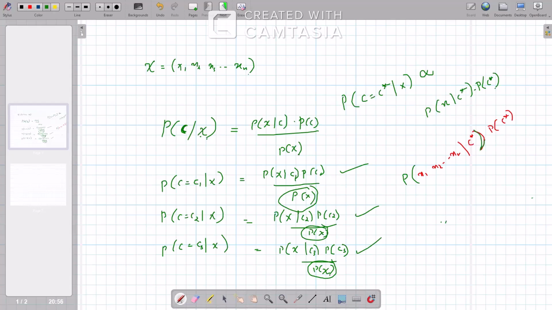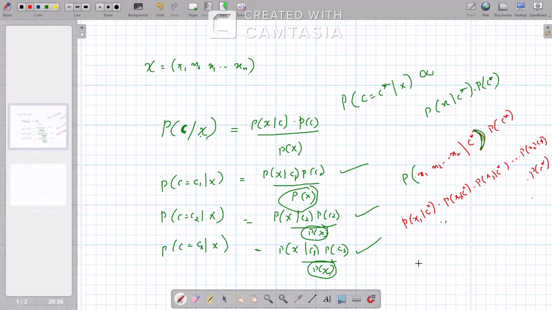Since these are independent, this particular probability is equal to probability of x1 given C star into probability of x2 given C star into probability of x3 given C star, etc. up to probability of xn given C star, into probability of C star.